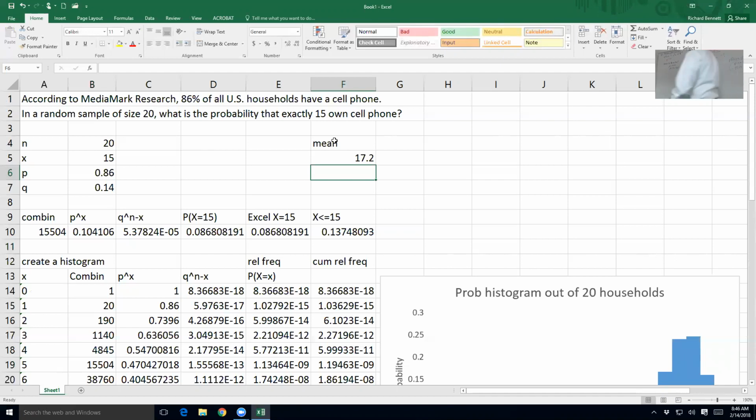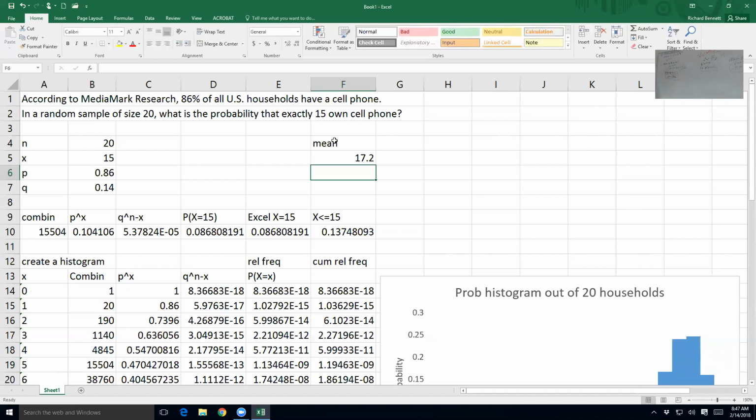Now the standard deviation isn't going to be quite so easy. The standard deviation of binomial distribution. This is standard deviation formula number 4. Good thing I'm giving you a formula sheet, right? Now you just got to know which one it is. This is the square root of npq.